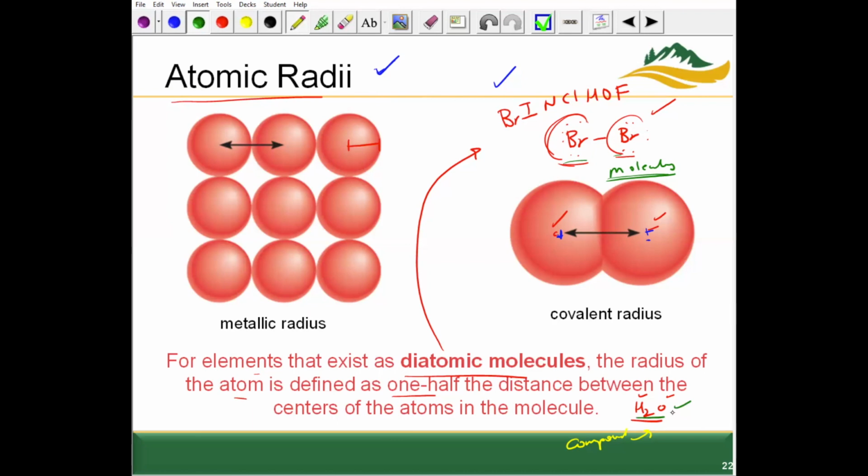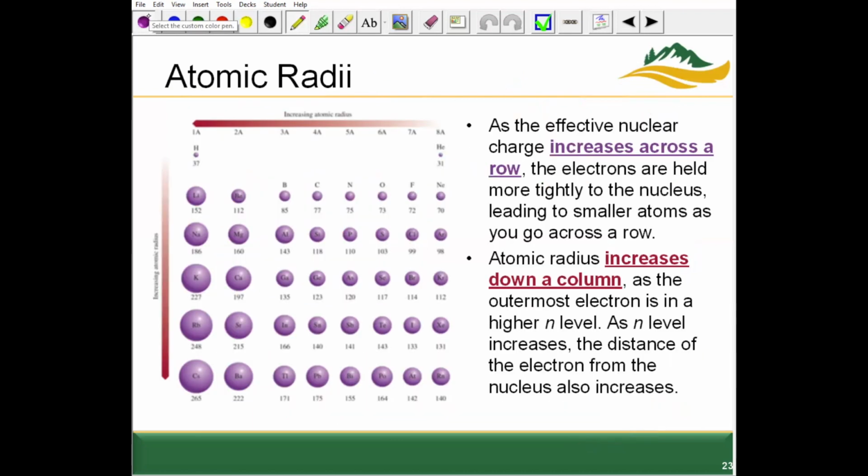So now connecting effective nuclear charge to the trends of atomic radii. As effective nuclear charge increases across a row, in this direction, those electrons are held more tightly to the nucleus, leading to smaller atoms as we go across a row. So this arrow here shows increasing atomic radius.